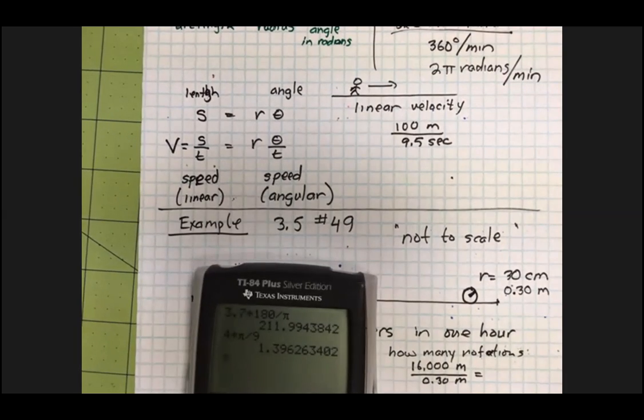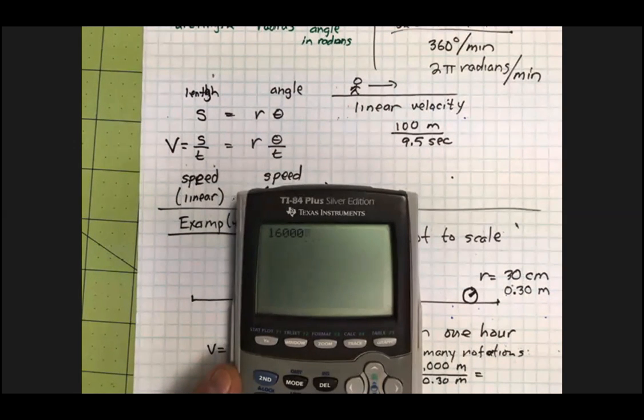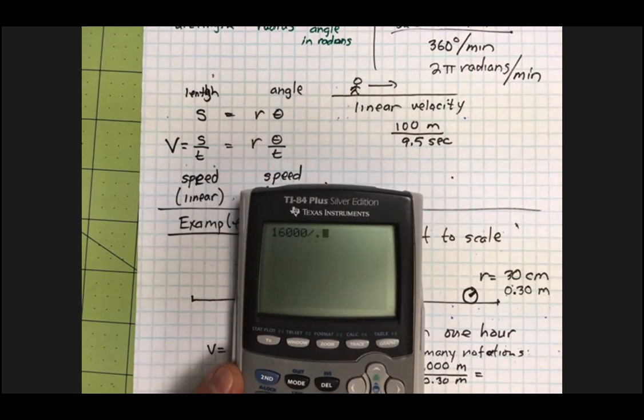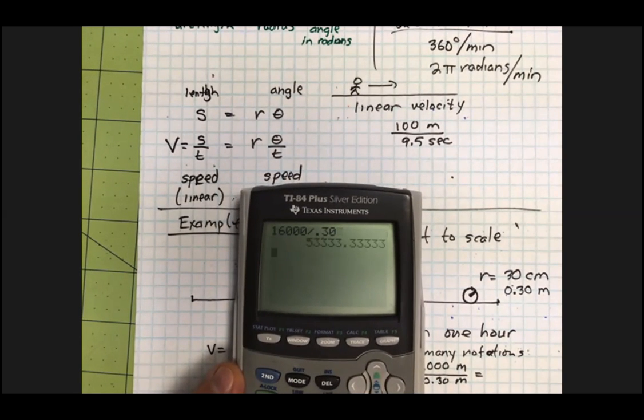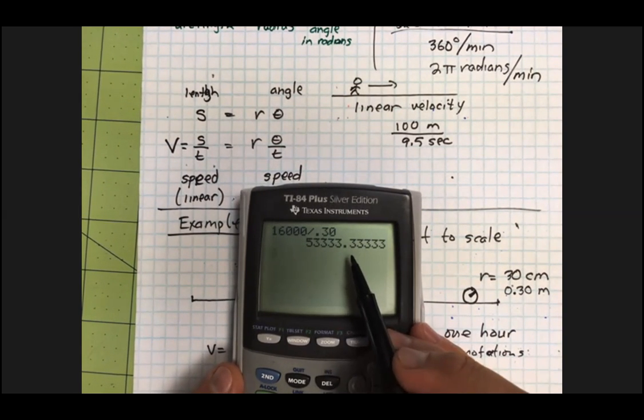So let me take 16,000 here and divide by 0.30. This tire rotated 53,333 times and some change.